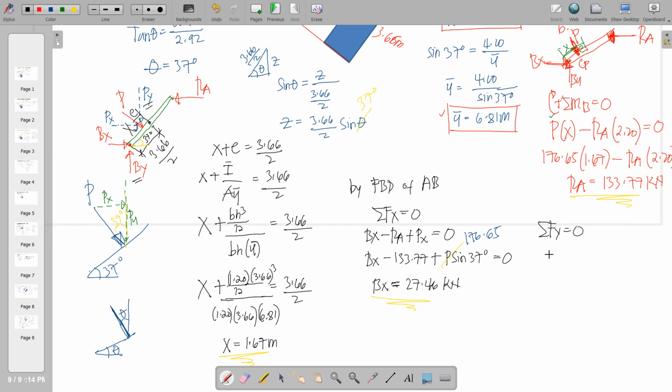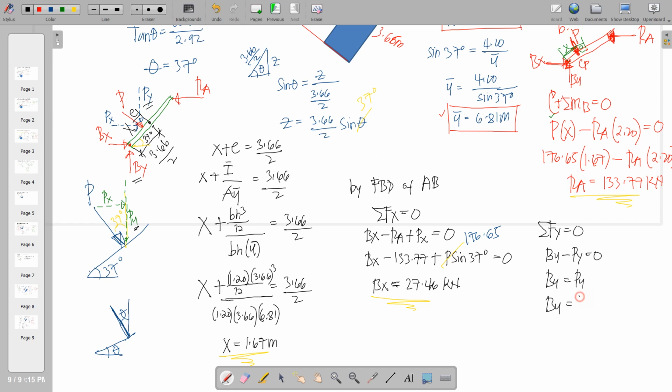Hence, we can say that By minus Py is equal to 0, or simply By is equal to Py, and then Py is the component of P along the vertical.